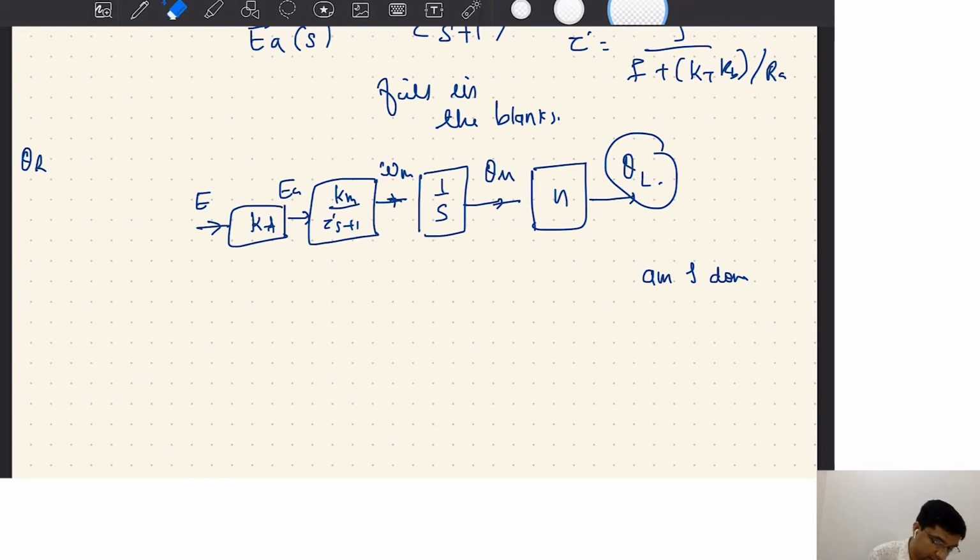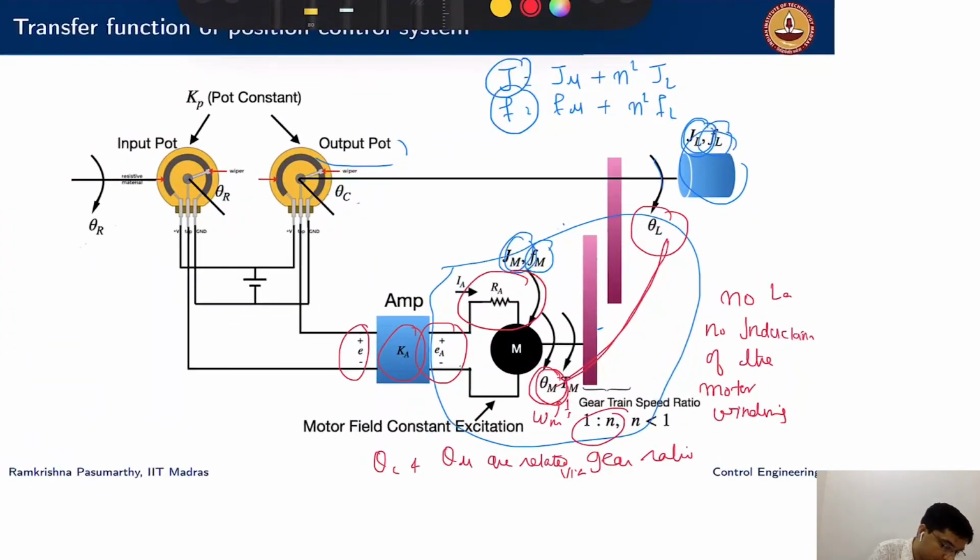E comes as a result of converting this. E is a voltage signal, whereas theta c, which is the measurement of theta L from the potentiometer, and theta r are angles. So what is the quantity which converts the angles into voltage?